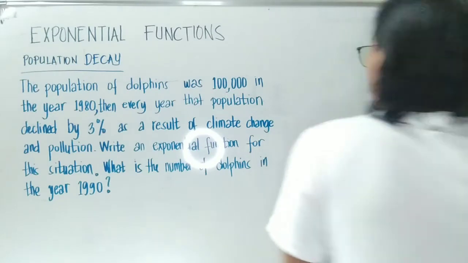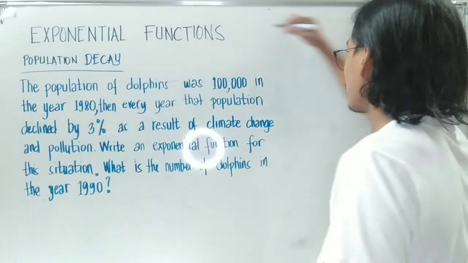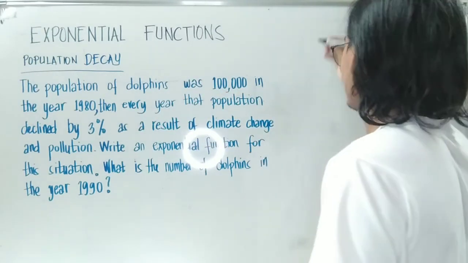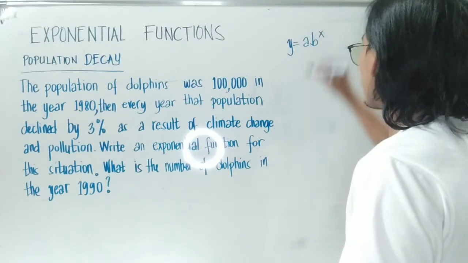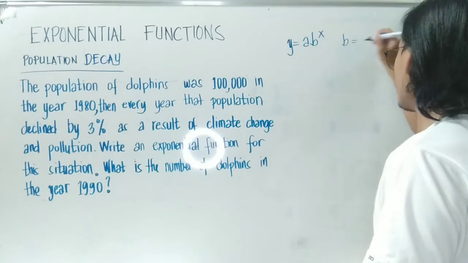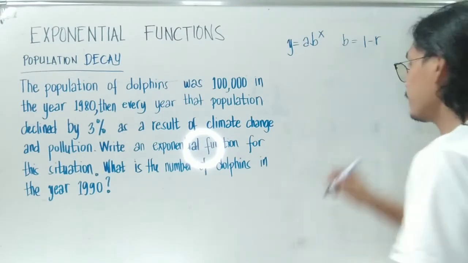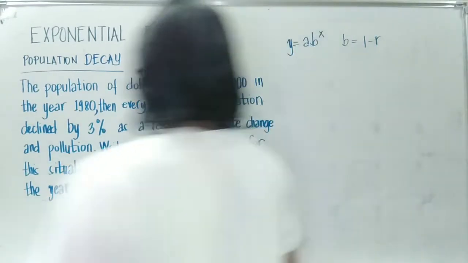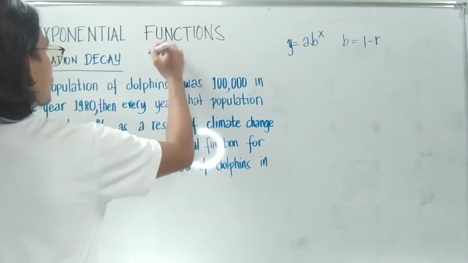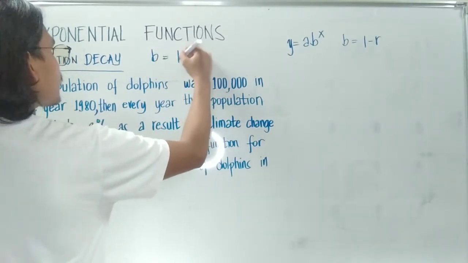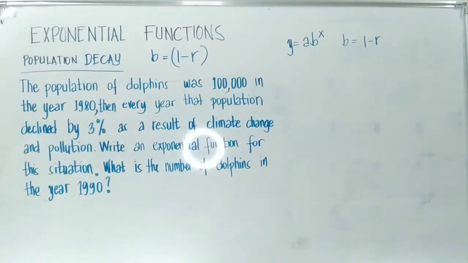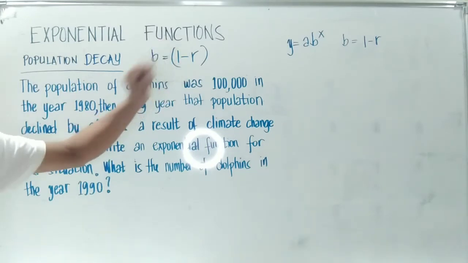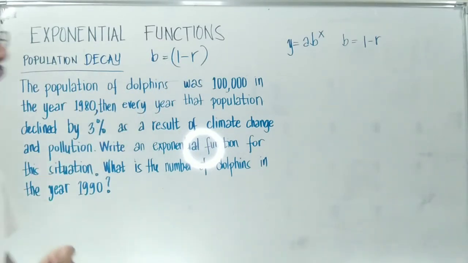So let us first define your exponential function for population decay. We have y is equal to a times b raised to x, where b is equal to 1 minus r. Your growth factor is b, or b equals 1 minus r. If it is population growth, that will be 1 plus r as in our first example.